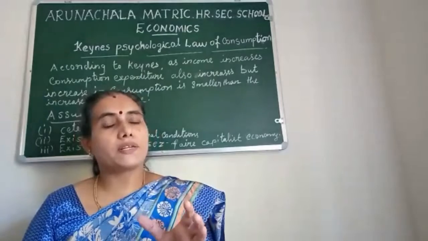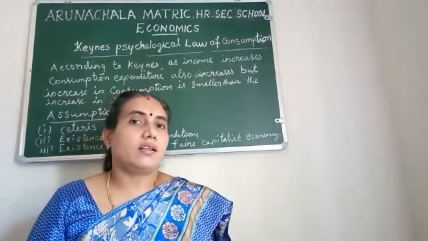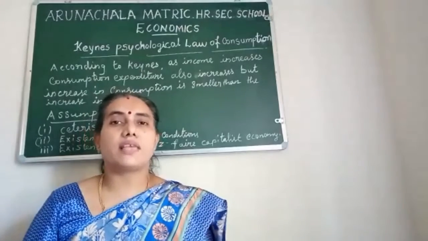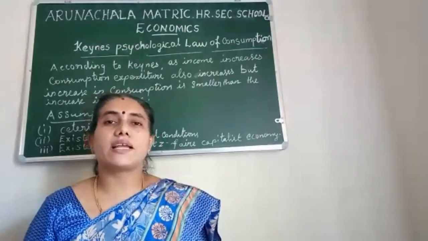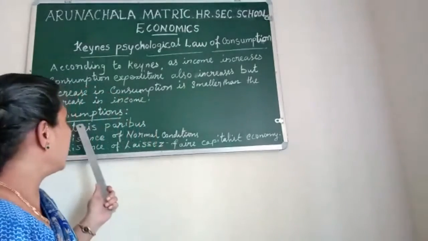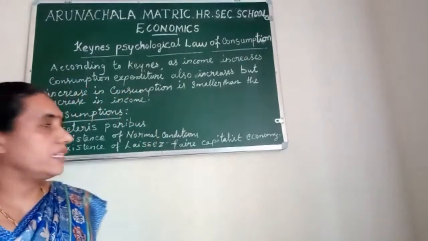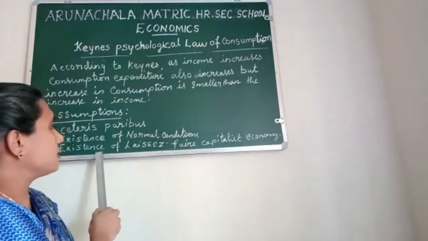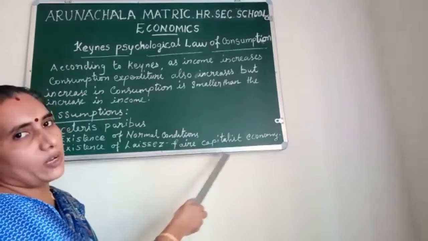So some part of the income they will spend for their savings. Otherwise, they will save. So that is the psychological law. Then this law depends upon three assumptions: ceteris paribus, existence of normal conditions, existence of laissez-faire capitalist economy.